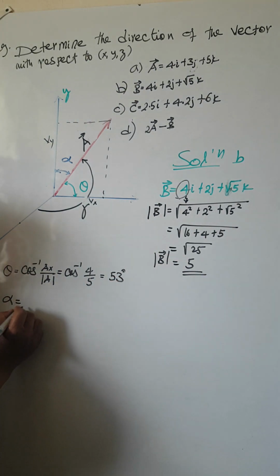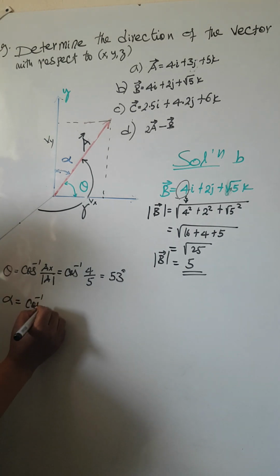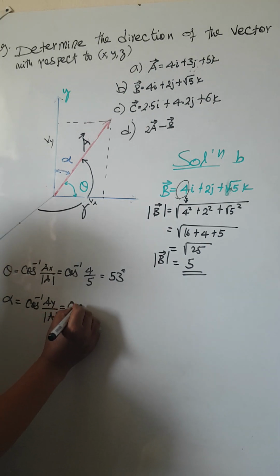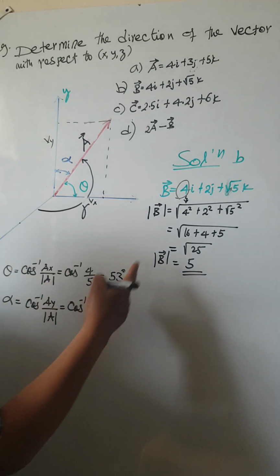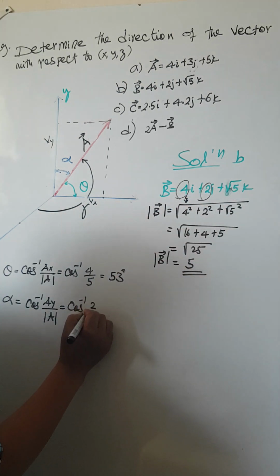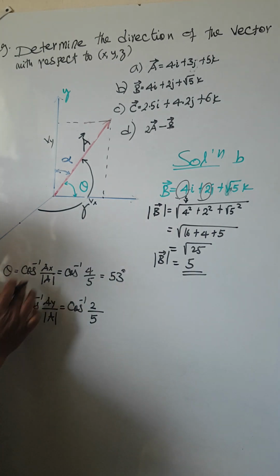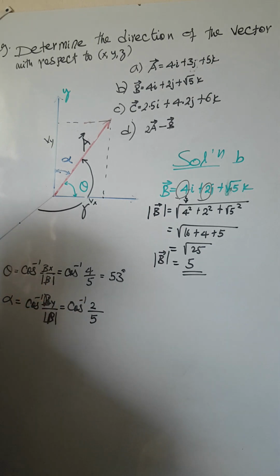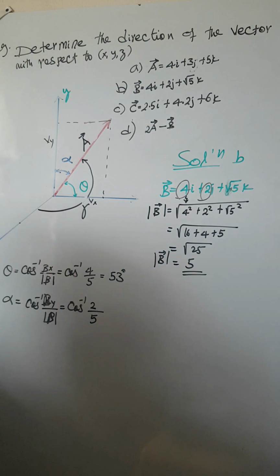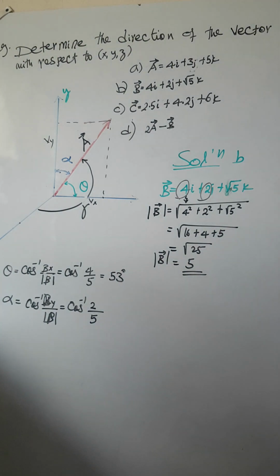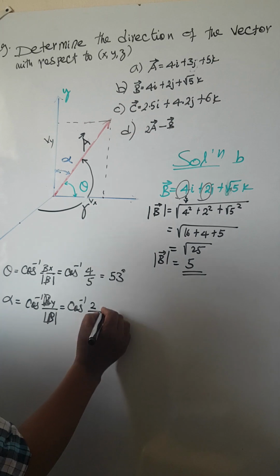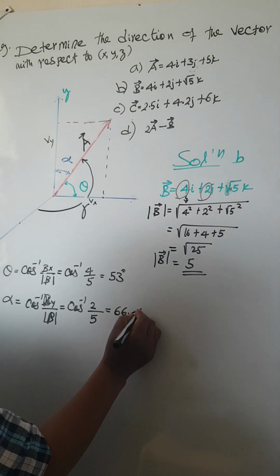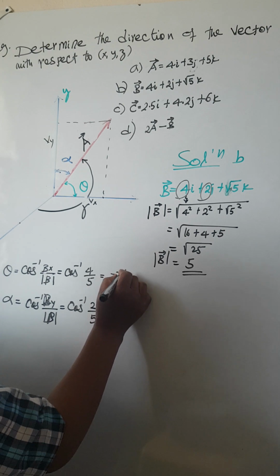And alpha is equal to cos inverse of By divided by the magnitude of B. By here is 2, so 2 over 5. This is about 66.4 degrees, and this is 37 degrees.